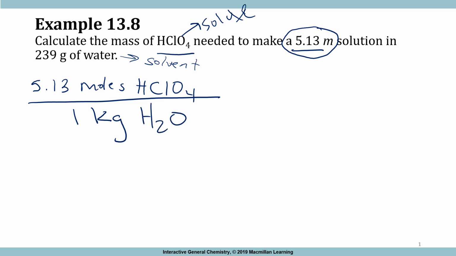So how do I know it's 1 kilogram? Well, 5.13 divided by 1 is just 5.13, and that's why that makes sense. But they said that they want to know the mass in 239 grams of that solution. So if I'm looking for the mass of HClO4, I'm going to have to get the moles of HClO4 by itself.